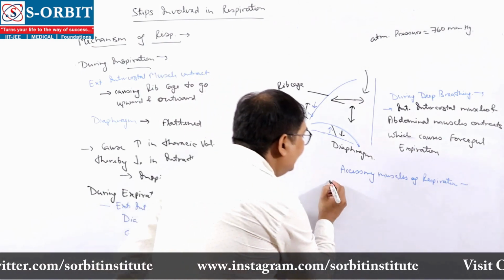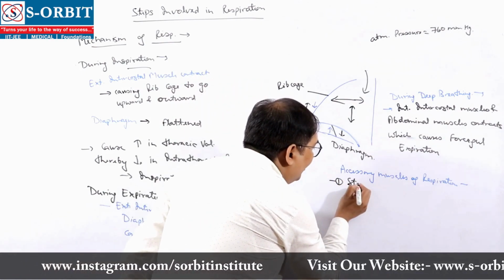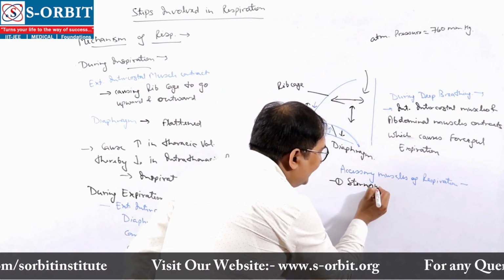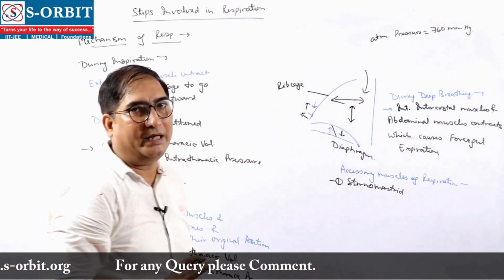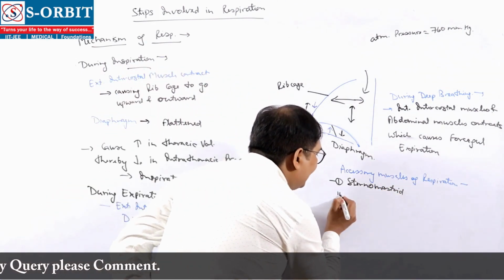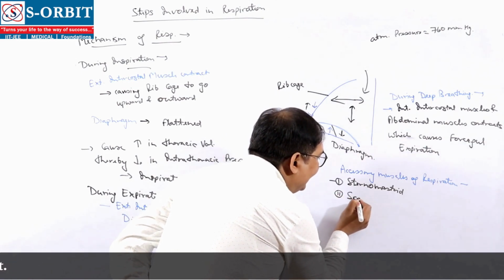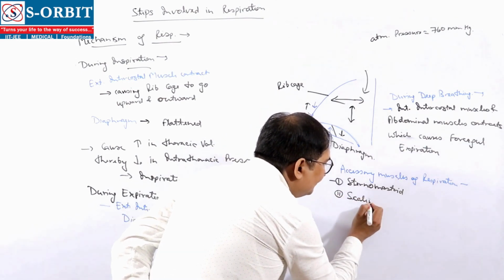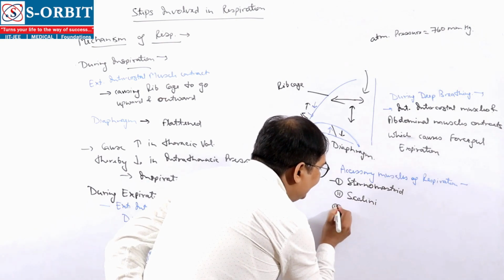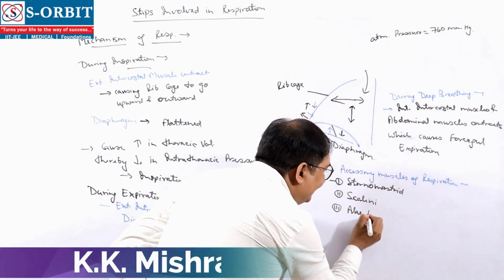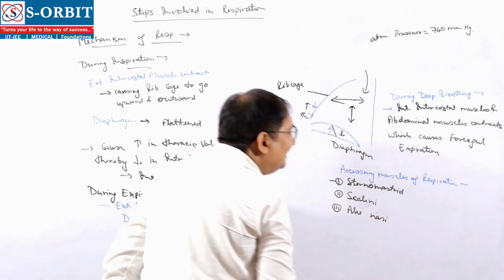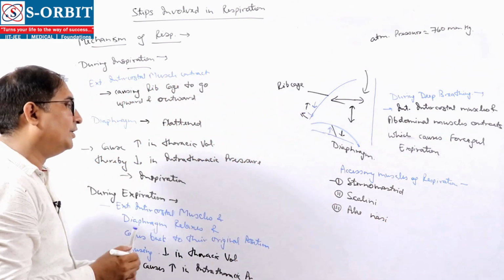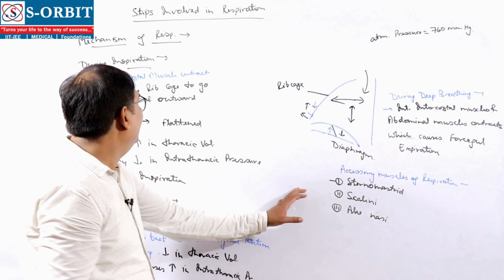These muscles are the sternomastoid, or you can say sternocleidomastoid; the next one is scaleni, and the third is Elynazi. So these are the accessory muscles of respiration: sternomastoid, scaleni, and Elynazi.